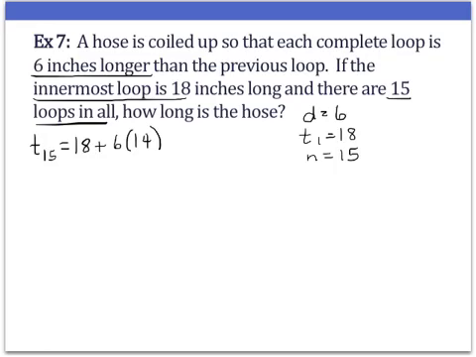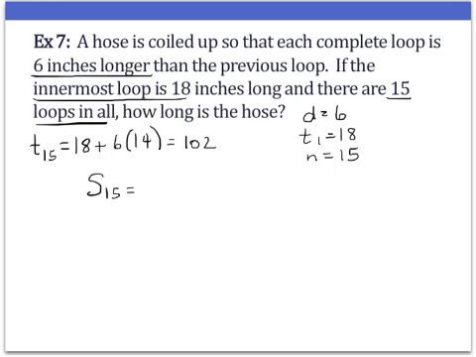And so I need to figure out how long this is, and the outside loop is 102 inches long. And so now I want to find the sum of all 15 loops. So I've got 18 plus my difference, and I am doing the nth term formula, so let's fix that.